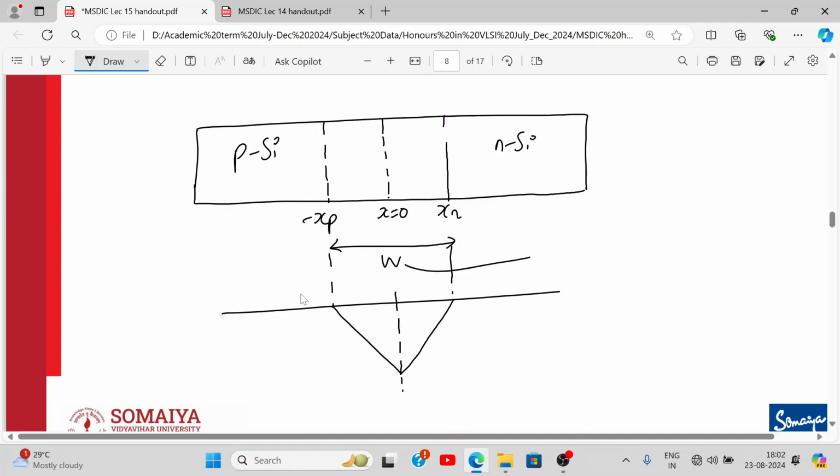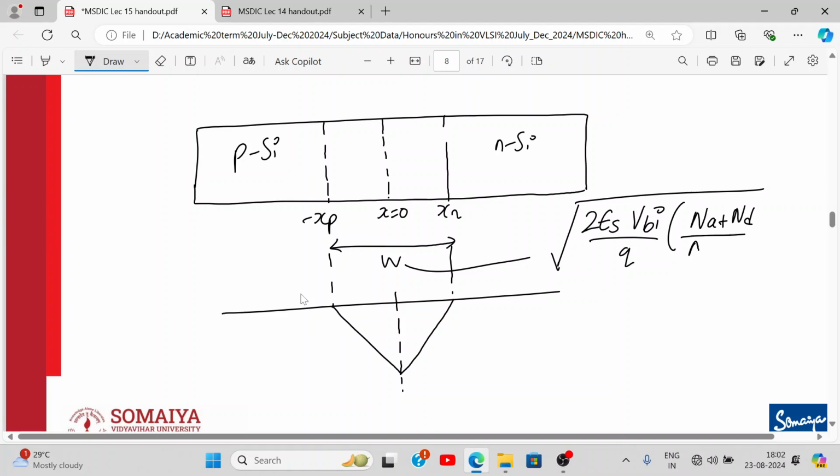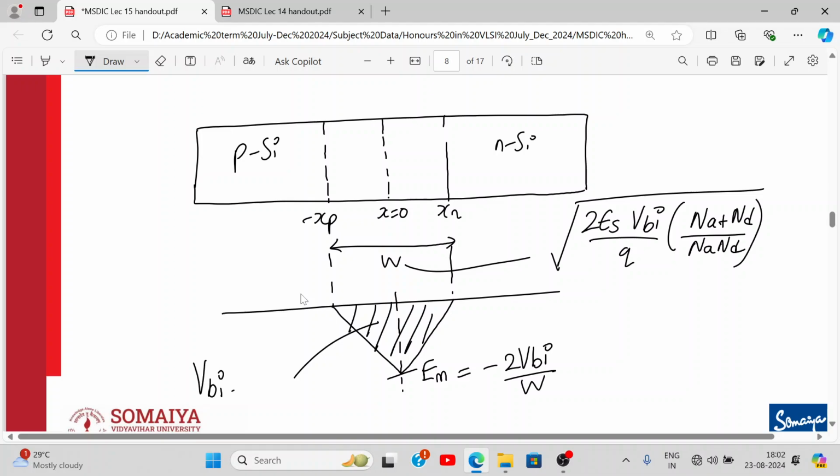What was W given by? Square root of 2 epsilon VBI upon Q into, yeah, this is easier to remember this way. Then, you know what was the maximum electric field given by? Minus 2 VBI upon W. You know what is the area under this curve? Area under this curve is VBI, which is KT by Q natural log of Na Nd upon Ni square.